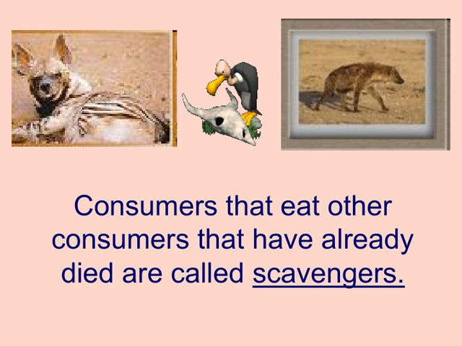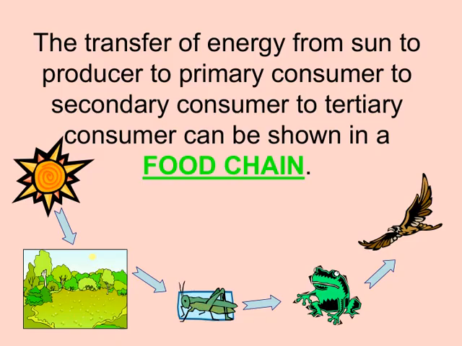Recognizing the role of scavengers helps us appreciate how energy flows through an ecosystem and how different organisms contribute to maintaining balance. It ties into the overall theme of understanding how various consumers and decomposers work together to sustain life.